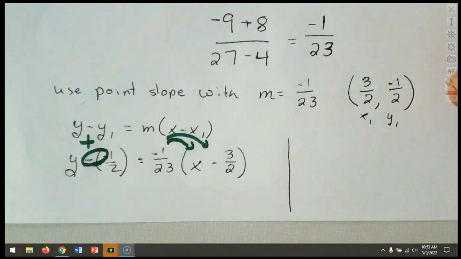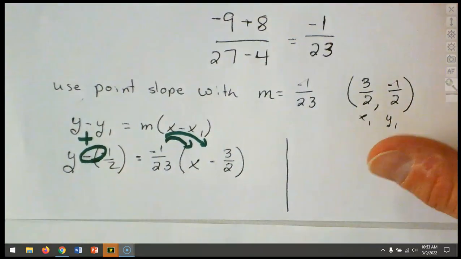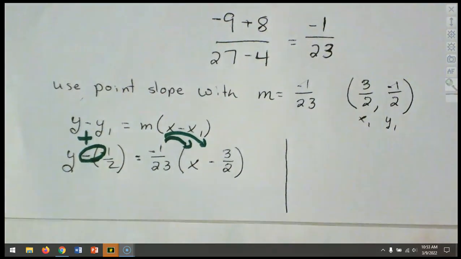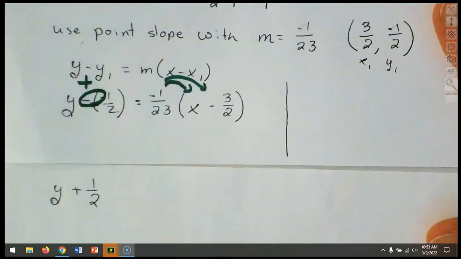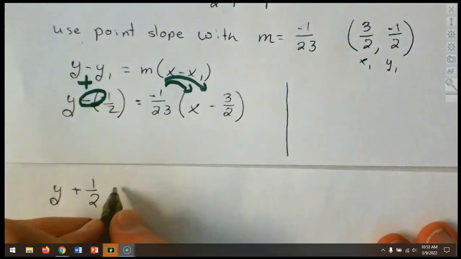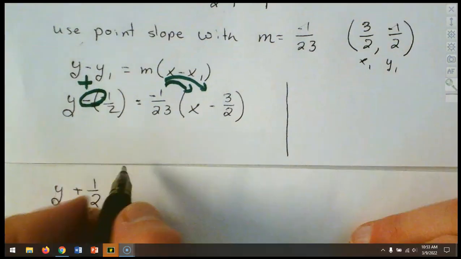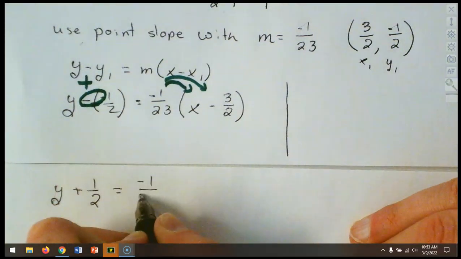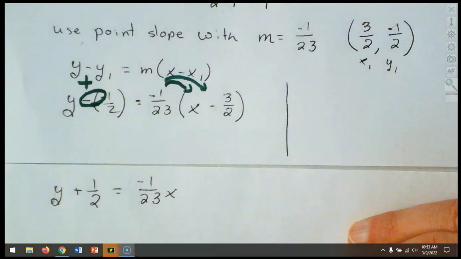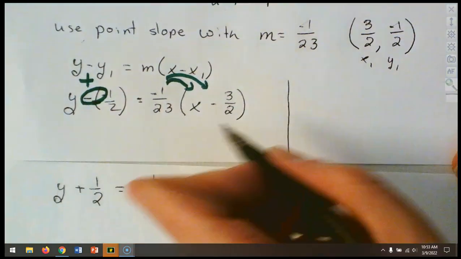And again, if you struggle with the fractions, we can do the fractions over to the side. So let's see what we've got here. Double negative makes it a positive 1/2. When we distribute through, we end up with a minus 1 over 23x, and then negative and negative. What do we have here?